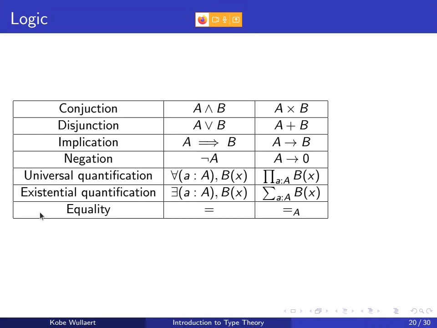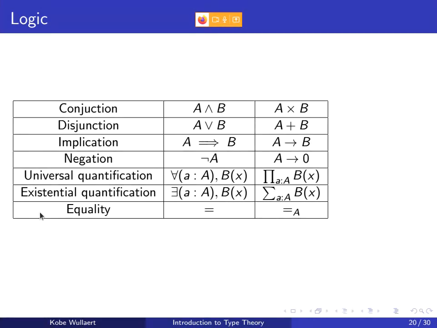So these two columns correspond to the left column and right column? The left column is how one would usually write things in logic. And on the right side is the corresponding type theory. To give an example, here is the dependent sum.